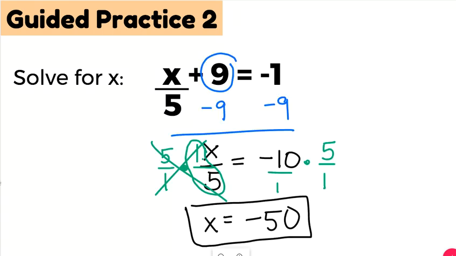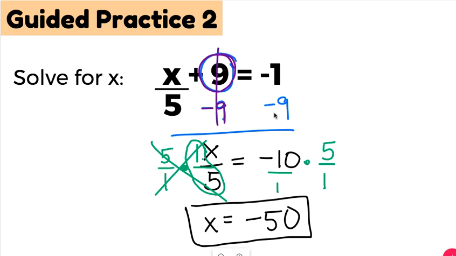Right. Let's take a look at your answer. You should have gotten negative 50. So take a second and look through the work. Even if you got it correct, just double check that you did everything right and you didn't skip any steps, no shortcuts. Okay, we need this 9 to become 0.